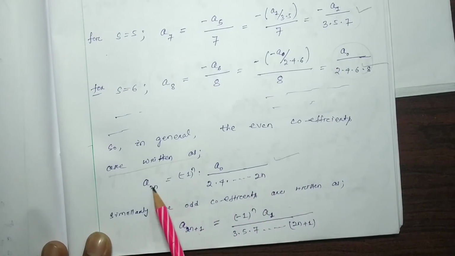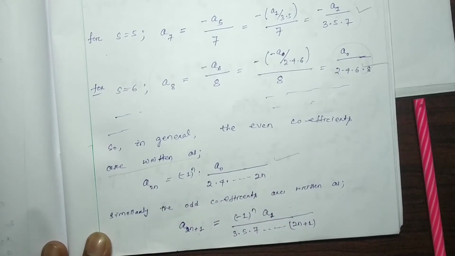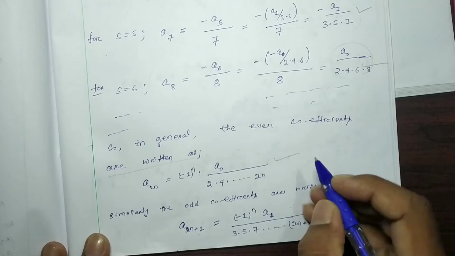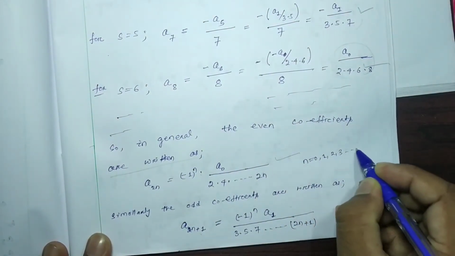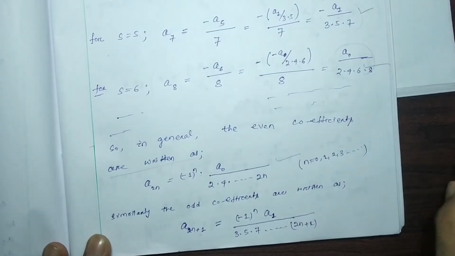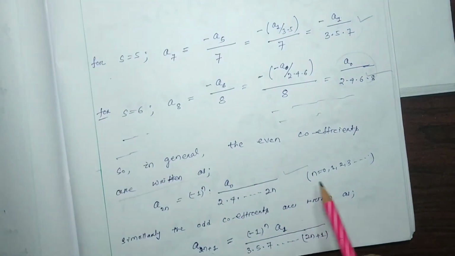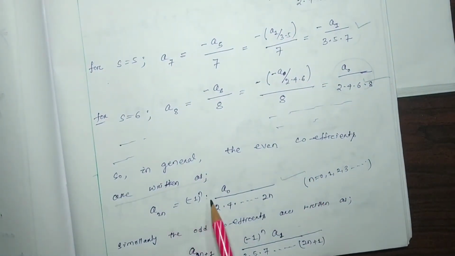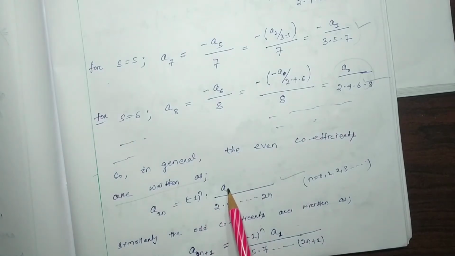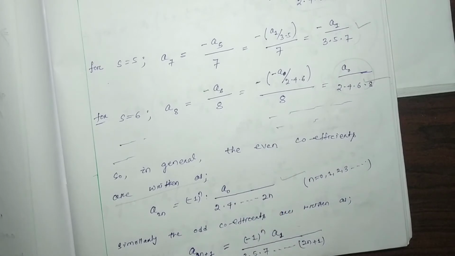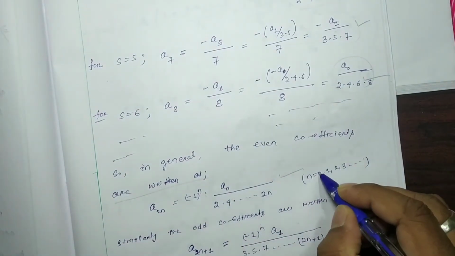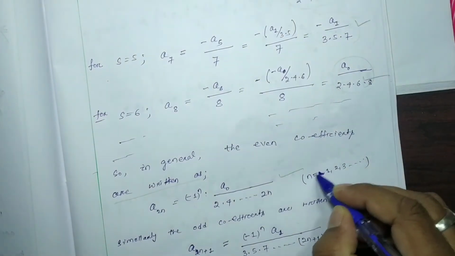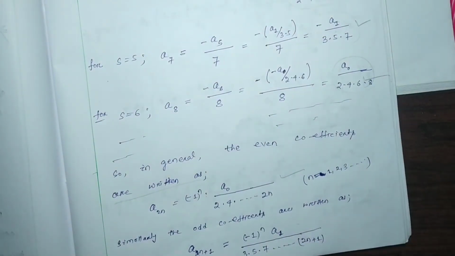You can put n equal to 0, 1, 2, 3 like that. So you just cross check it. First put n equal to 0, then it will be a0. Sorry, this n is going to vary from 1 to 3 like that.